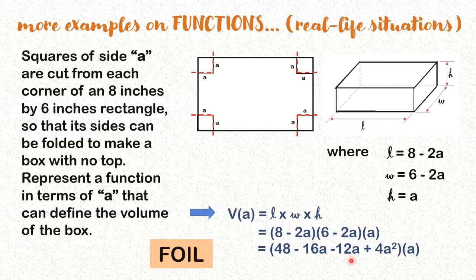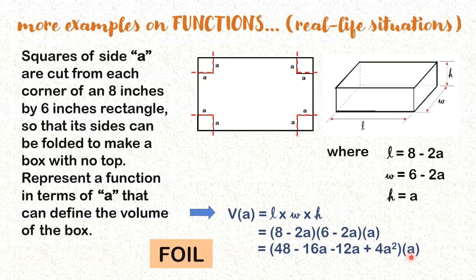Ano yung like terms? Yung pareho ng variable. Parehong-pareho. Pati yung exponent pareho. So, here we have negative 16a and negative 12a as similar terms. So, pagsasamahin natin yan. It becomes negative 28a.